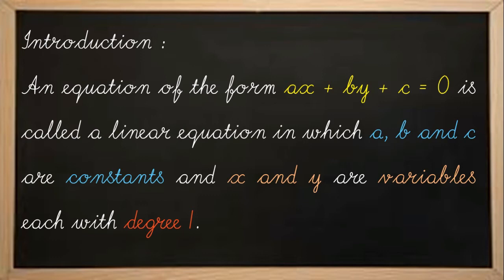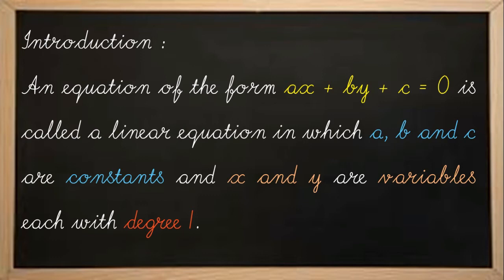Try to understand this, children. If the equation is of the form ax plus by plus c is equal to 0, in which x and y are the two unknown variables and a, b, c are the constant terms, that means a, b and c can be any numerical value and its degree is 1.